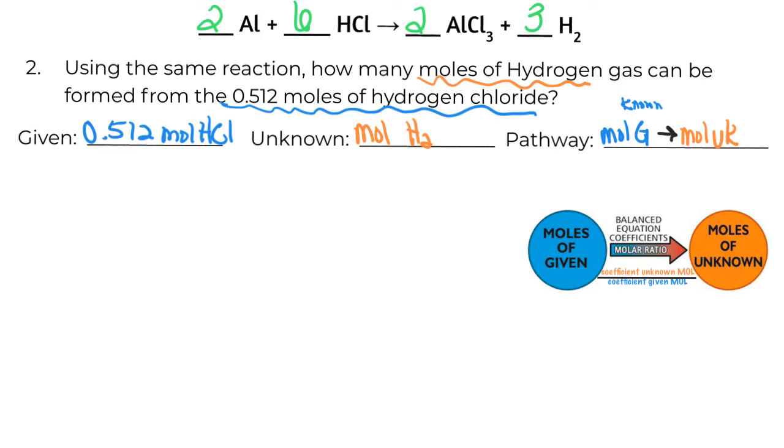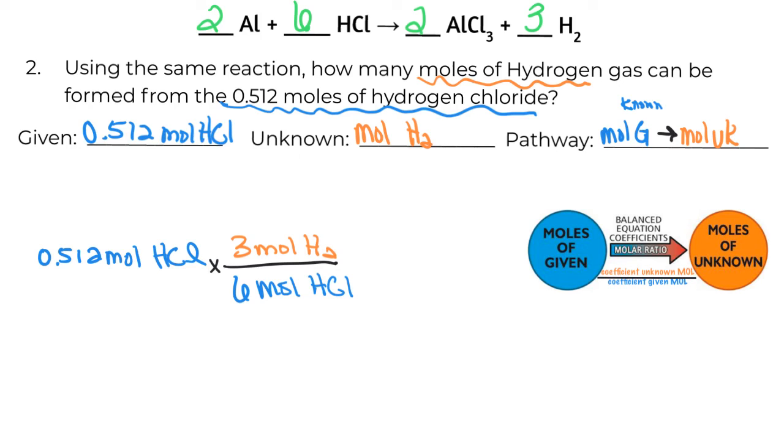So let's set up our problem. We have our 0.512 moles of HCl. Then we're going to need to multiply by a conversion factor. Can you set up this conversion factor before I do? Give it a chance. Pause the video. Your denominator, which is the number on the bottom, should be your 6 moles of HCl. Your numerator, which is the number on top, should be your 3 moles of H2. That came right from the equation.